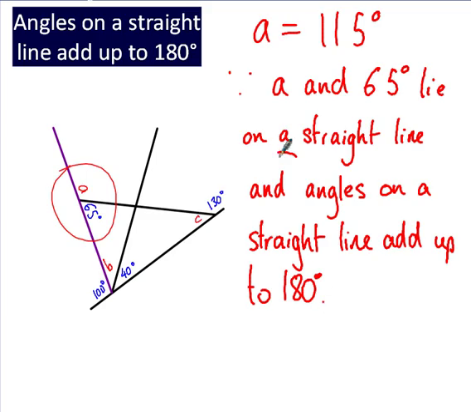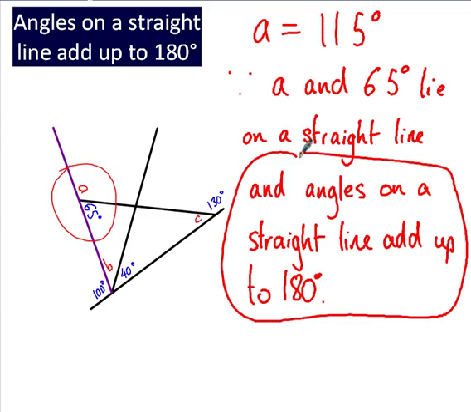If you don't put this part, all you've told the examiner is that you've been able to spot that A and 65 lie on a straight line. You need to then convince the examiner that you're able to apply your knowledge of this fact to solve what angle A is. And you need to demonstrate knowledge of this fact, and explicitly write this fact down. It's not enough to say that A and 65 lie on a straight line. Okay? You need to then add on the extra fact that you've used to actually help you solve what A is.